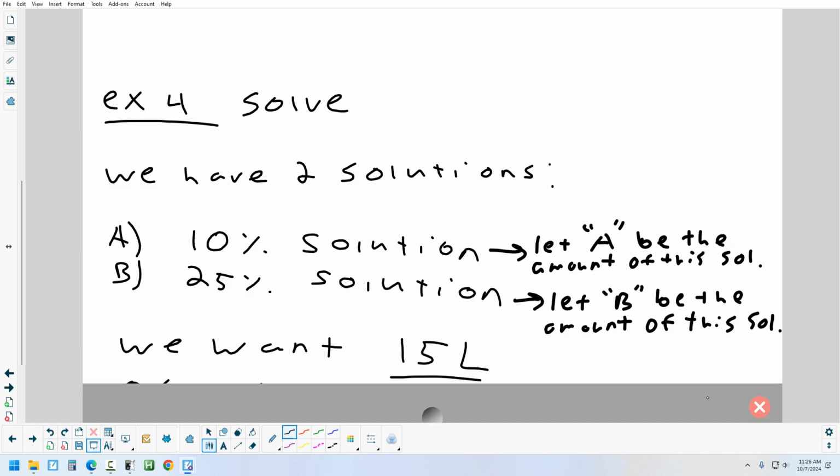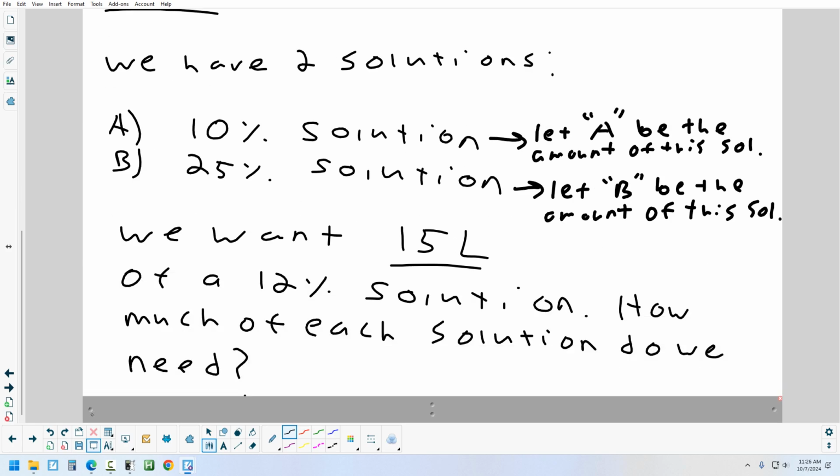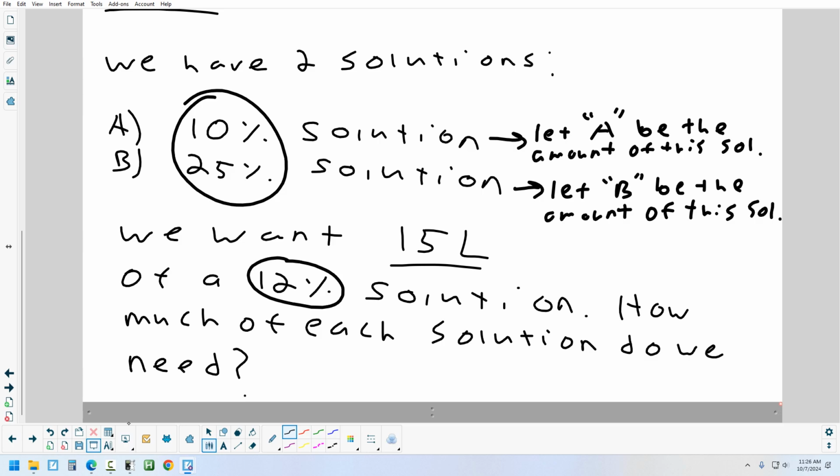So when we're done mixing the two together, we want to get 15 liters. And we want it to be a 12% solution. The percentage here has to be a number between those two. Can't be outside those two. Okay. So how much of each solution do we need?